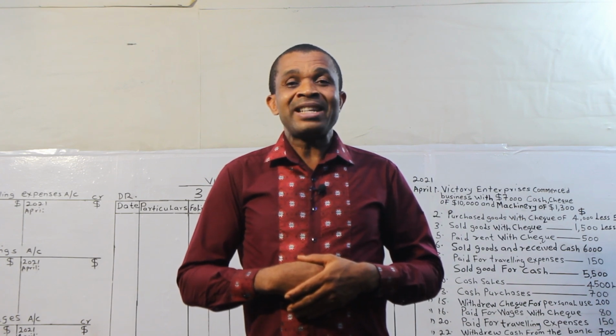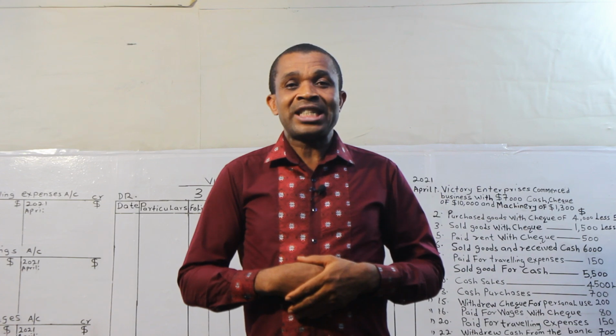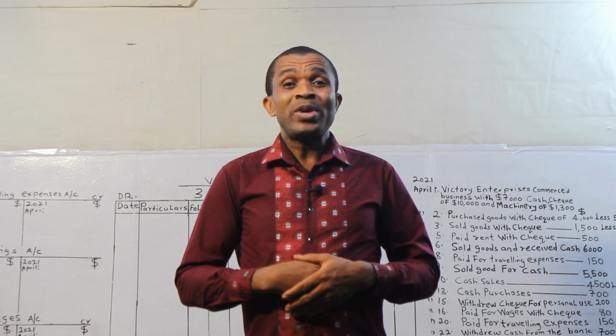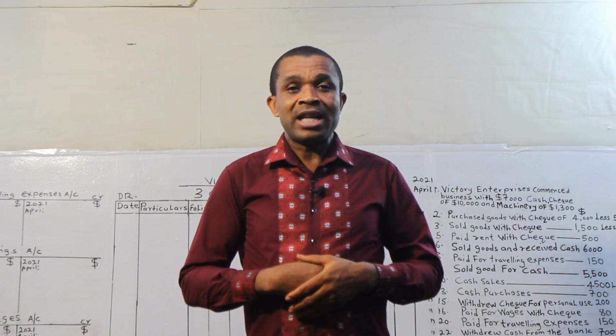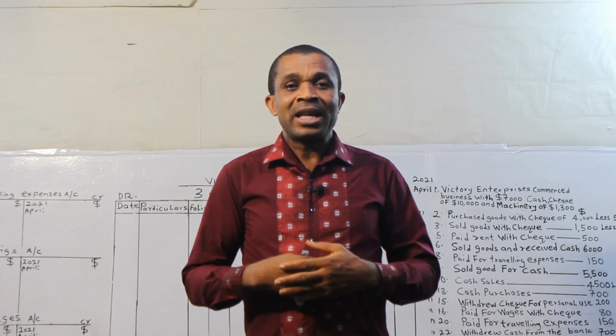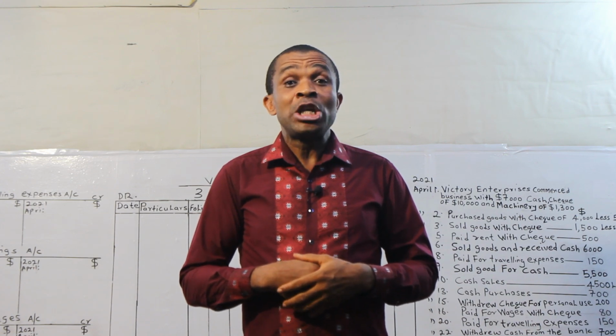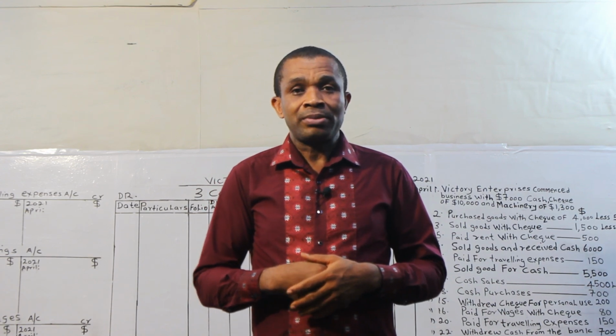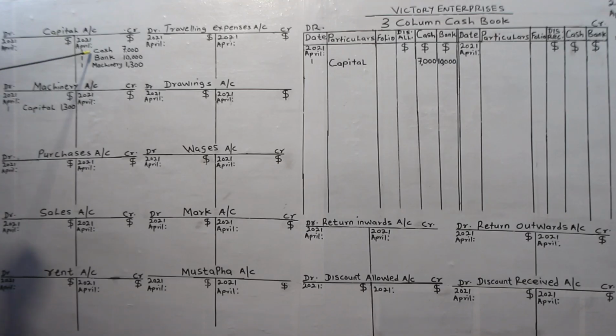Of course, machinery is not cash and it is not check and does not go to cash book because the cash book deals with only cash and check transactions. The machinery is in form of asset, in form of property given out. So it goes straight and is debited to the account that takes care of it, and that is the machinery account. Now the capital account will be credited with three items given out: cash of 7,000, check of 10,000 into the bank, and machinery of 1,300.